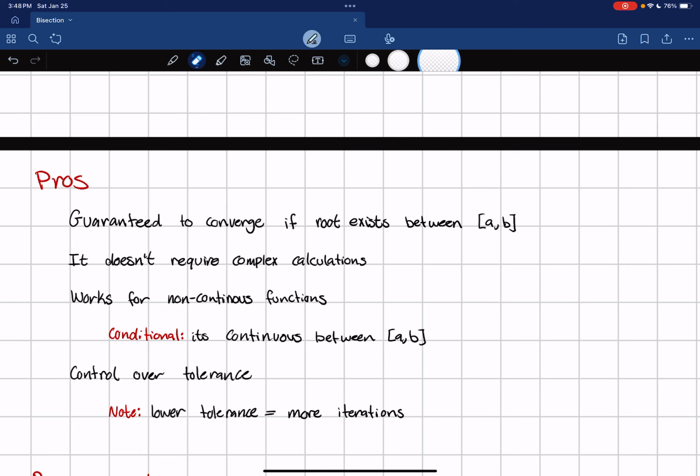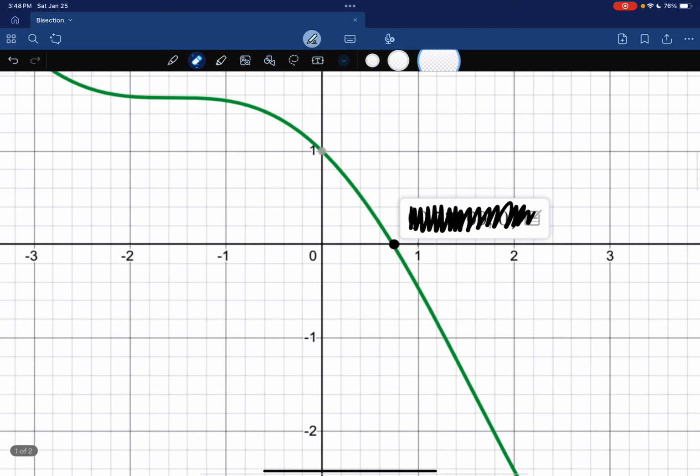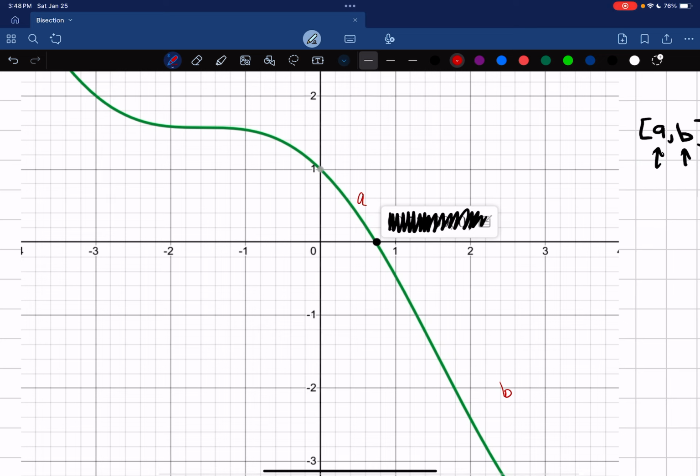So for the pros of bisection, it's always guaranteed to converge if there is a root within the interval. So if I go back up here, if I choose an interval, and there's a root in the middle, or not in the middle, if there's a root within, so if this is A and this is B, or even if I choose an interval to be A and B is here, it doesn't have to be in the middle, this is guaranteed to converge for bisection.